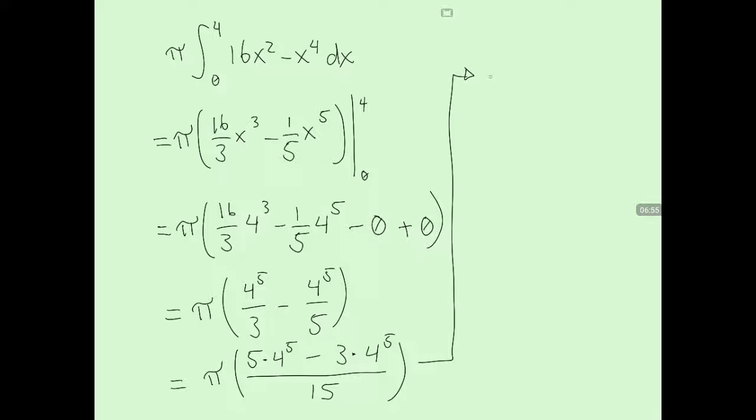And if we keep simplifying, we're going to get pi times 2 times 4 to the 5th over 15. And since 4 is just 2 squared, this can also be written as pi times 2 to the 11 over 15.